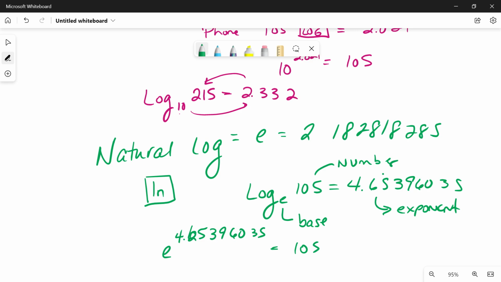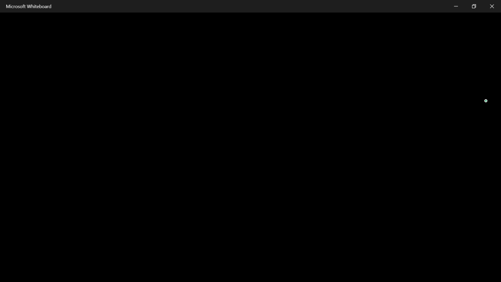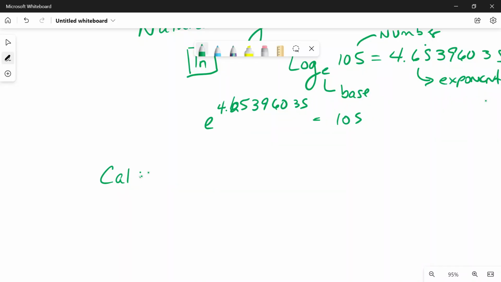If I'm doing this on my regular calculator, I key 105, then I hit the natural log button, LN, and then I hit the equal sign, and it's going to give me 4.6539, etc. If I'm using my Texas Instruments, I need to use that natural log key, then key in 105.